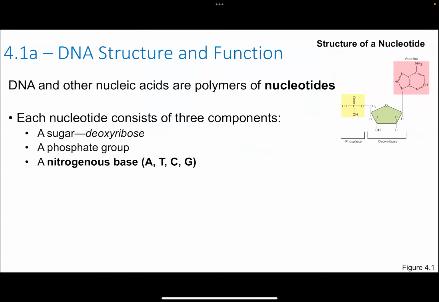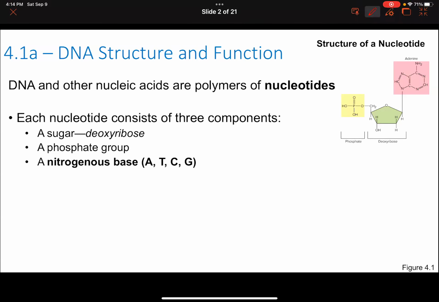So what exactly is DNA and how does it work? DNA, or deoxyribonucleic acid, and other nucleic acids, the only one that you'll really need to be familiar with in this class is RNA, which is ribonucleic acid. Both of these nucleic acids are polymers of nucleotides.